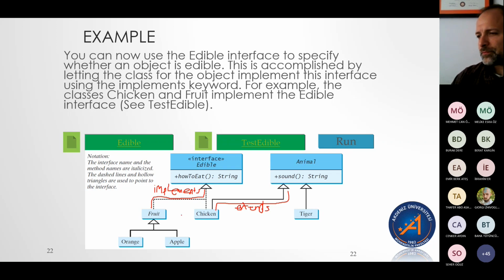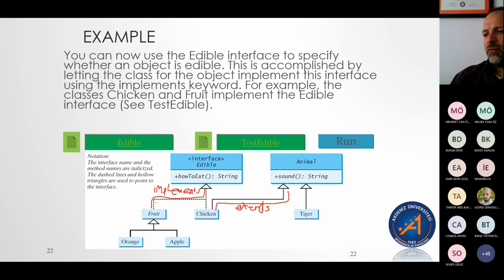All right. So this is a way that a class can get things from multiple places. Remember, I can only have one parent. I can only extend one thing, but I can implement many things. So I can implement the Edible interface, the Comparable interface, any other interface we decide to create.